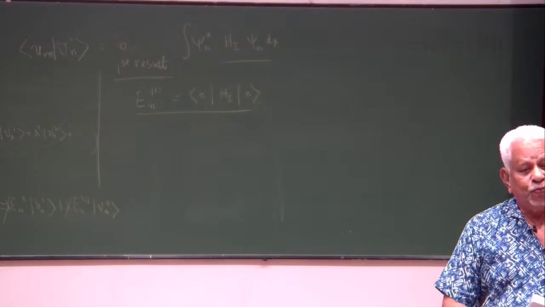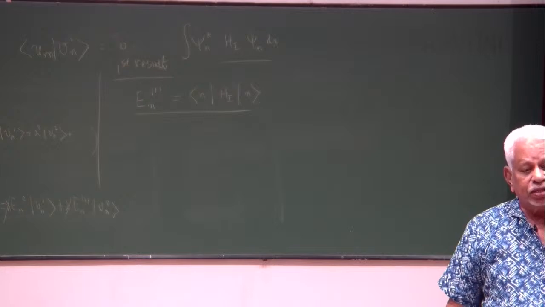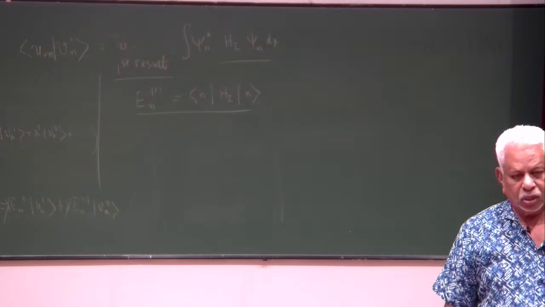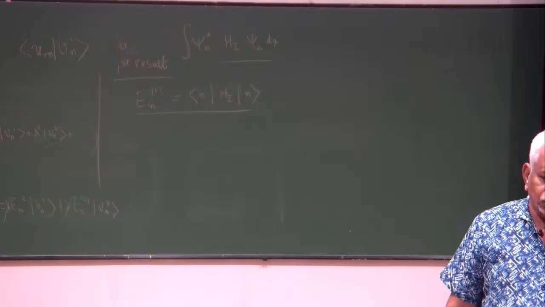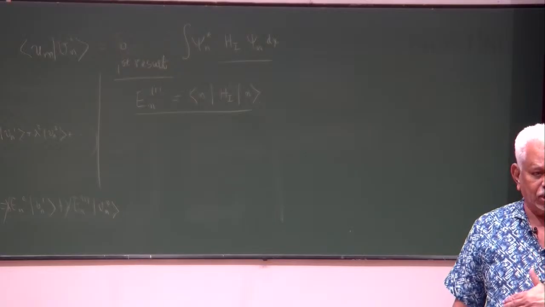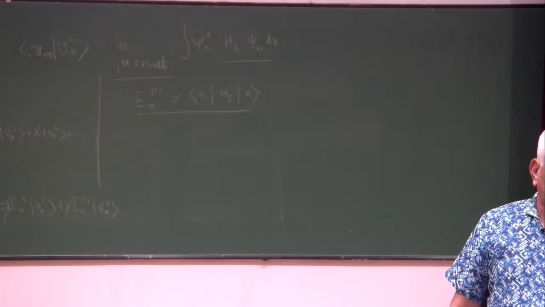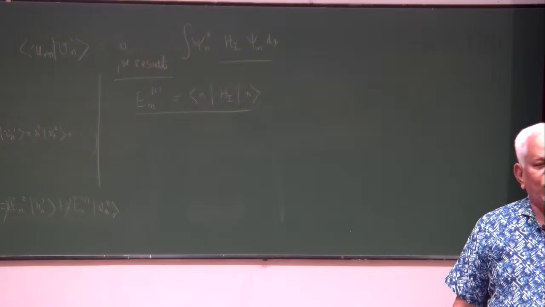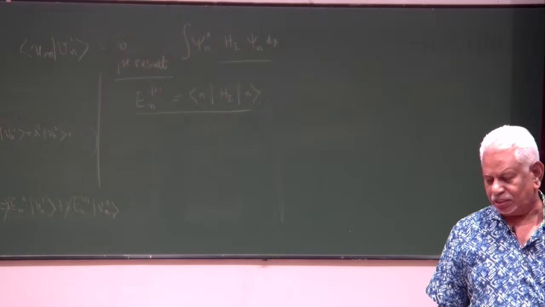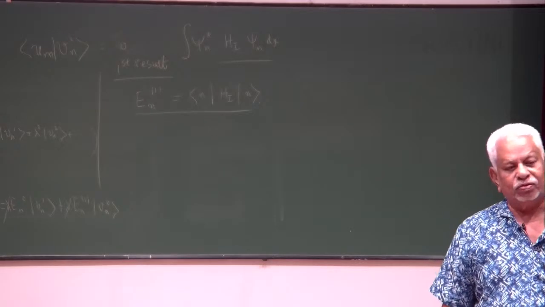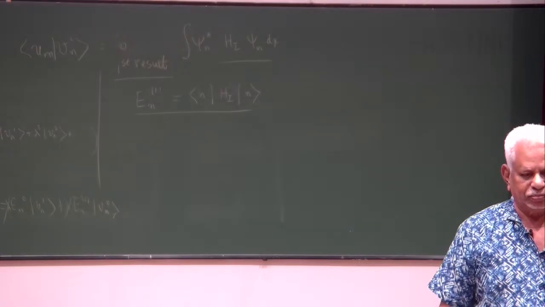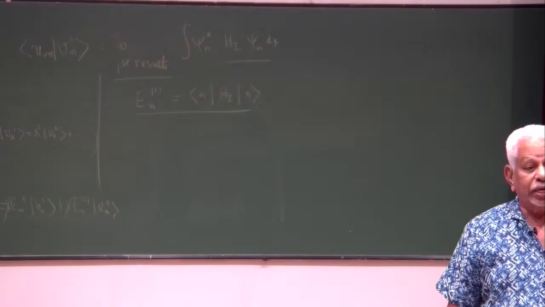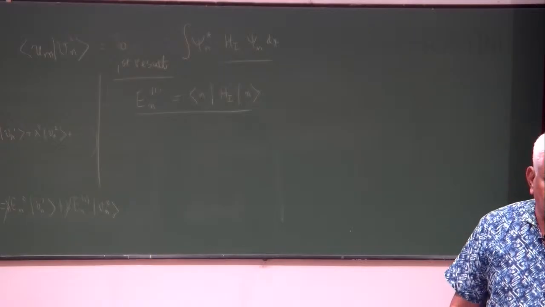So in order to find the first order correction, you don't need anything more than what you already know. You know all the eigenfunctions and eigenvalues. If you know all the eigenfunctions Un, find in that basis the expectation value of Hi. If you find it, you will get the answer. You don't need to know the new eigenstate at all.